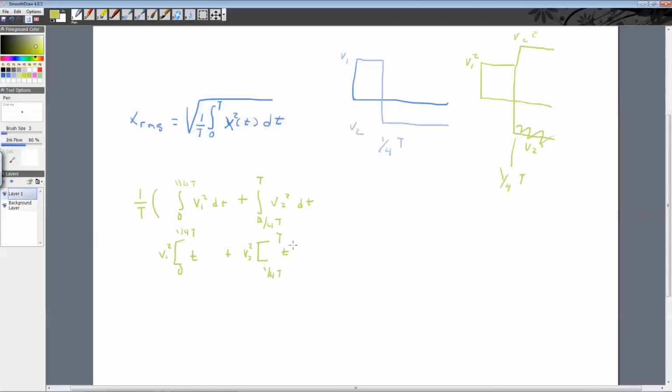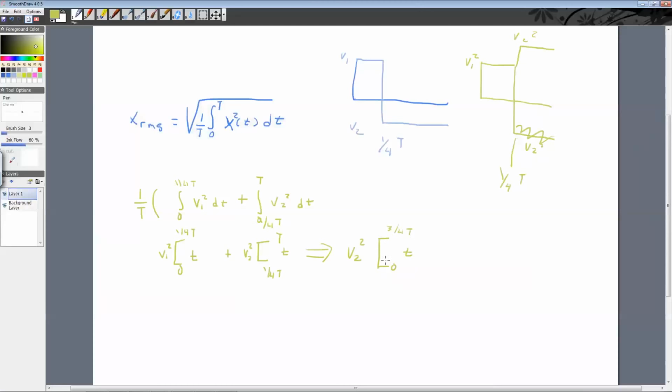So again, it's T, but sometimes what I do is transform that part, saying from a quarter T to T, it's just a constant. It's really the same thing as V2 squared from 0 to 3/4 T. You should get the same answer.